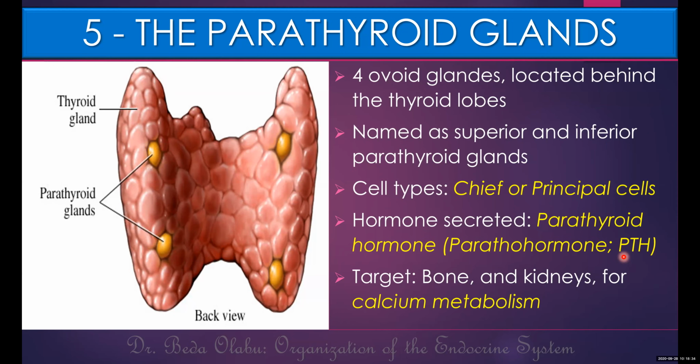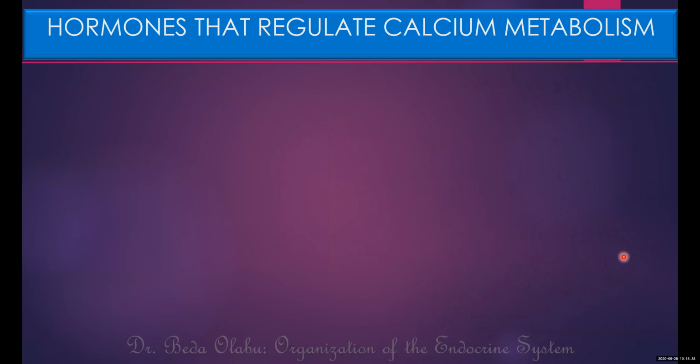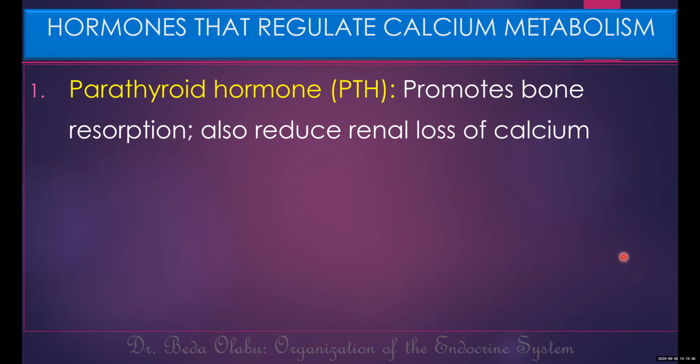Let's make a summary of the hormones that regulate calcium metabolism. There are three primary hormones that control metabolism of calcium. We have parathyroid hormone. Parathyroid hormone usually promotes bone resorption and also reduces the loss of calcium in urine.